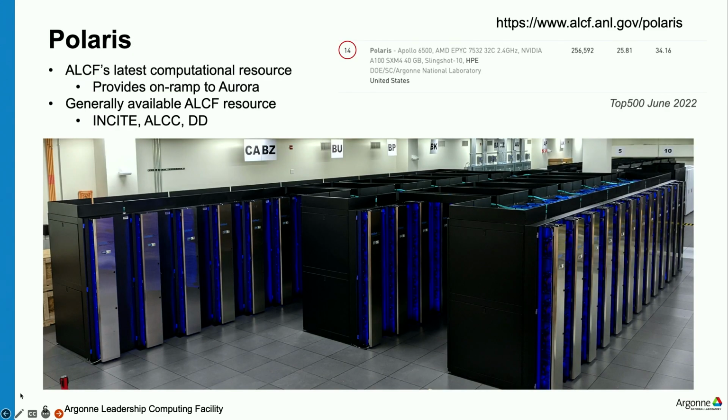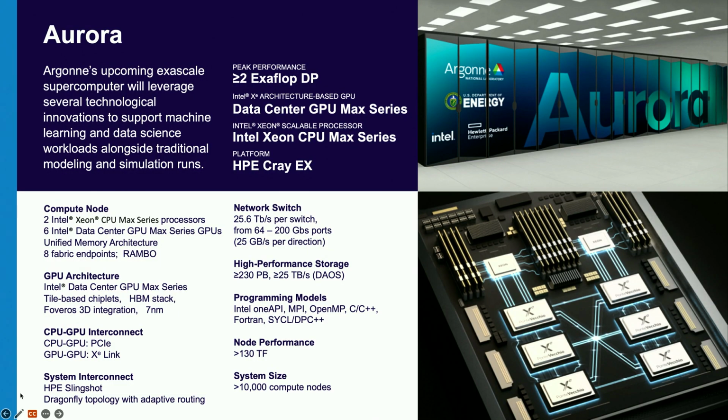So Polaris, as I said, is our major computational resource right now, and it provides a ramp up to Aurora. Allocations are available through INCITE, ALCC, and direct allocations. Aurora, our future exascale system, is currently being installed.